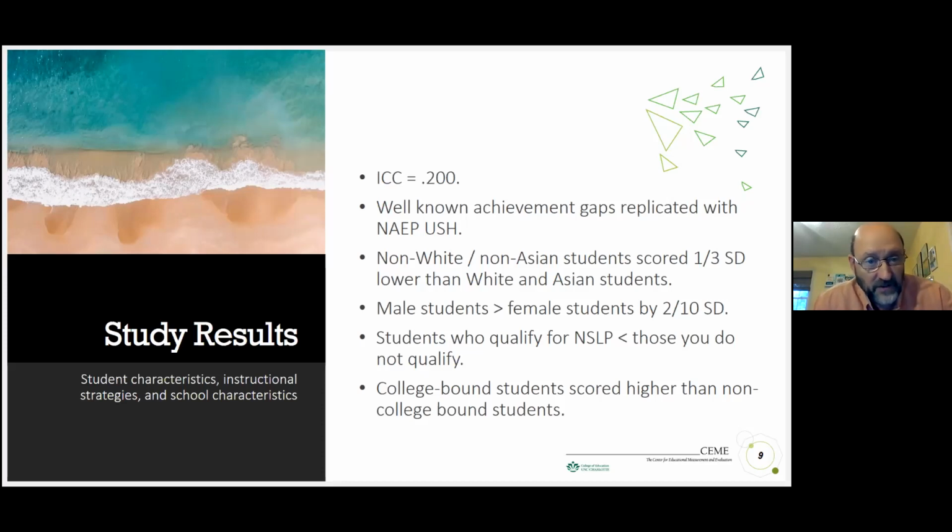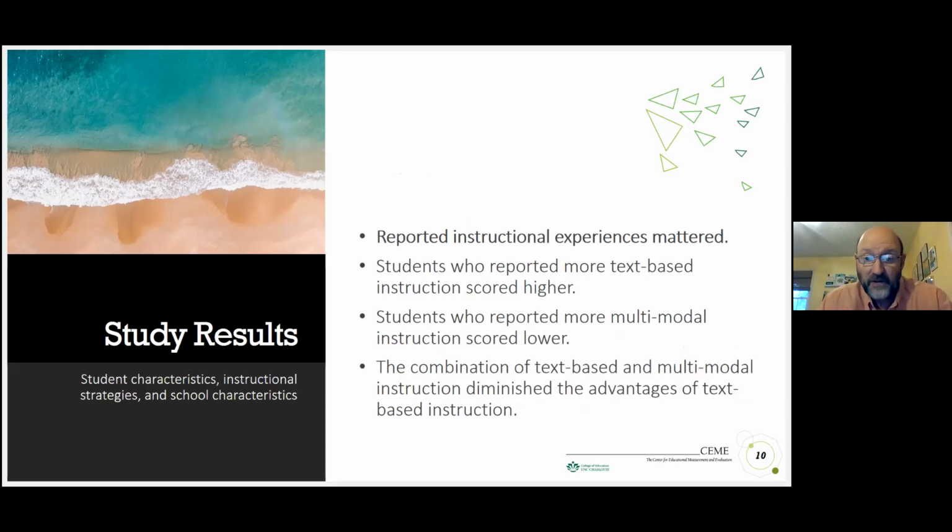Students qualifying for the National School Lunch Program, which we all know is a proxy for being from an economically disadvantaged family, scored lower than those who did not qualify. College-bound students scored higher than non-college-bound students. So not really anything surprising, but showing us that well-known achievement gaps are present in the NAEP US history exam, just like there are in a lot of other things.